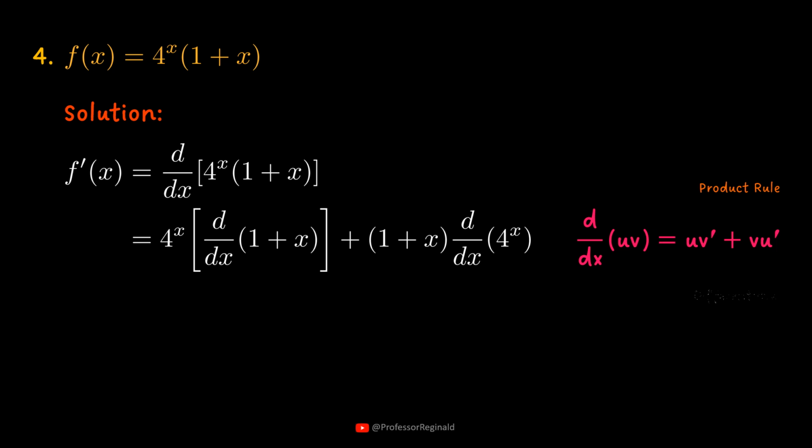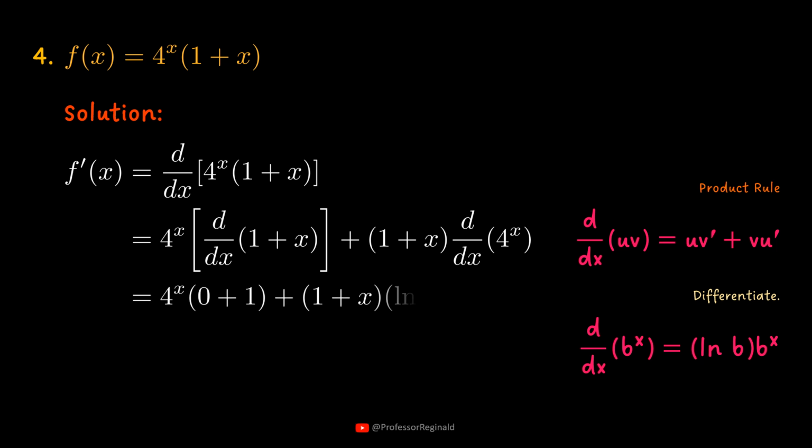Then differentiate using the general exponential function and basic differentiation rules. Therefore, f prime of x equals 4 raised to x times the quantity 1 plus the natural logarithm of 4 times the quantity 1 plus x.